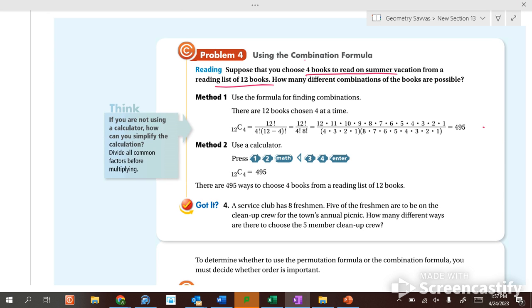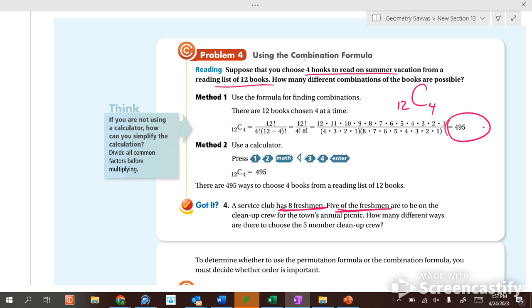Because if you read the third one first, you'd be really lost on what's going on if you don't read them in order. But if you're just reading 4 random books, order is not important. So you'd go 12 combination 4, and you should get 495.